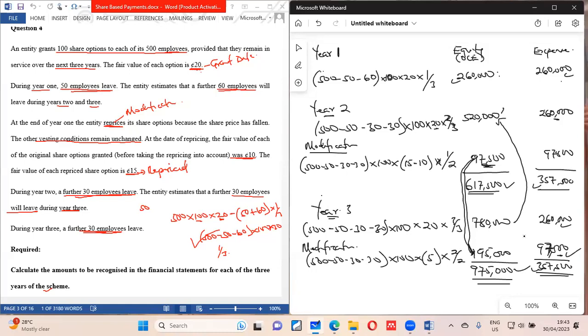Please, any other question? We move on to the last thing under equity settled share-based payments.